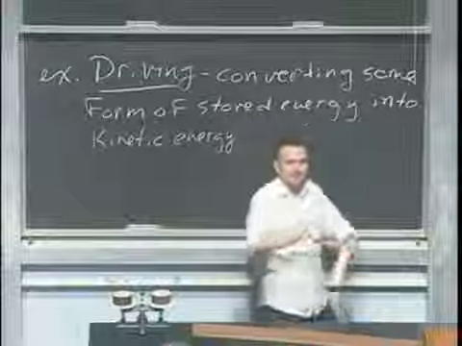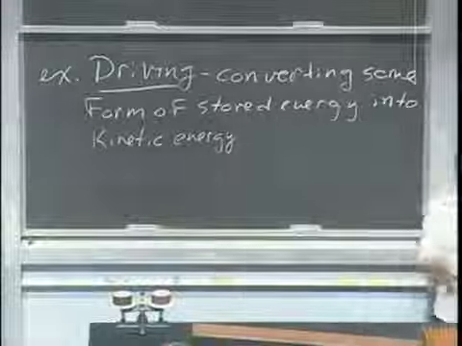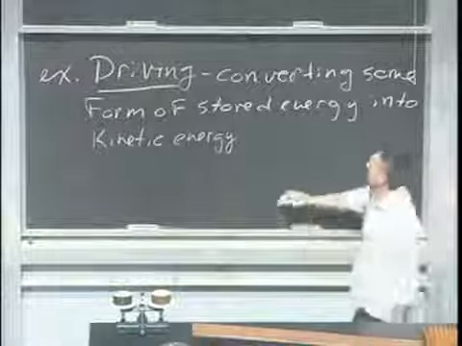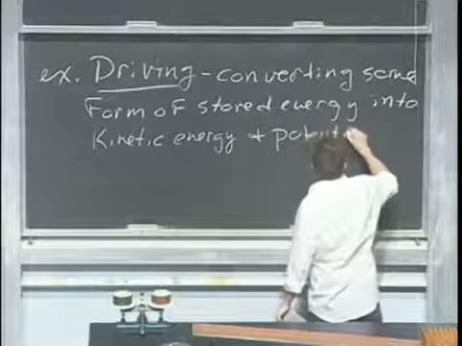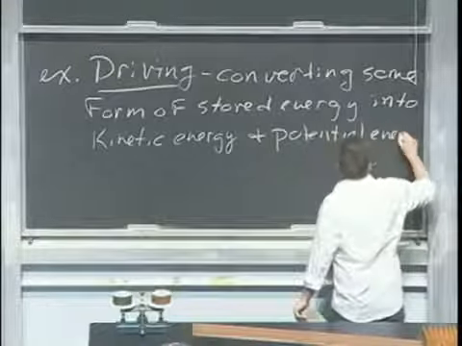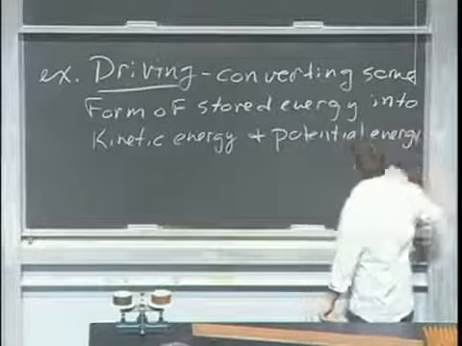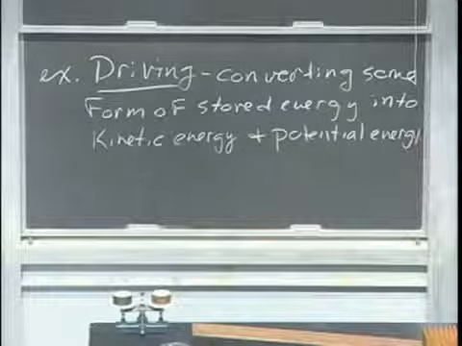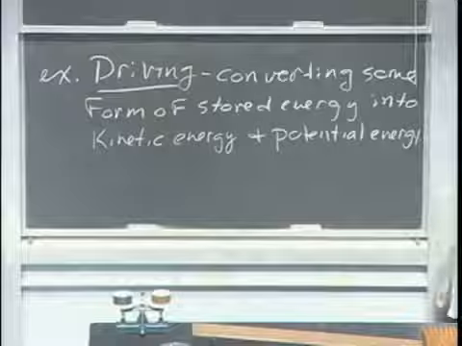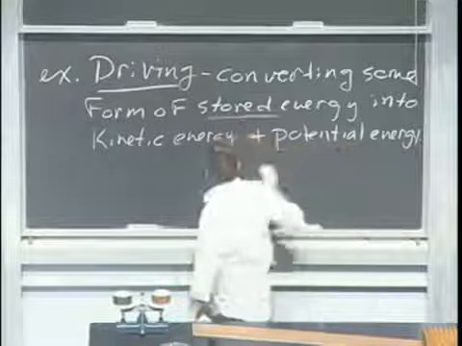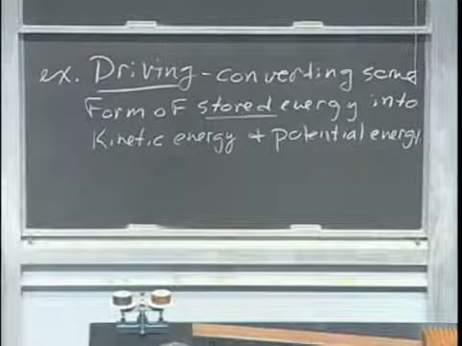We're also rotating the tires, so there is rotational energy involved, and potential energy if you're climbing any hills, which we do a lot around this area. So driving is converting some form of stored energy into useful kinetic energy and potential energy.